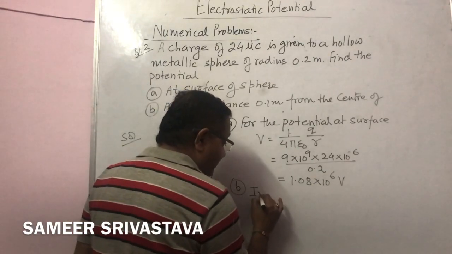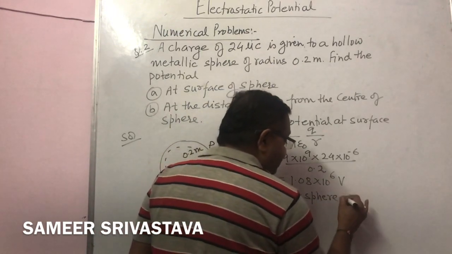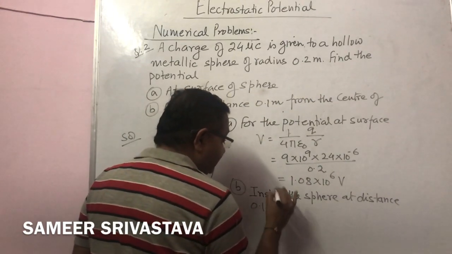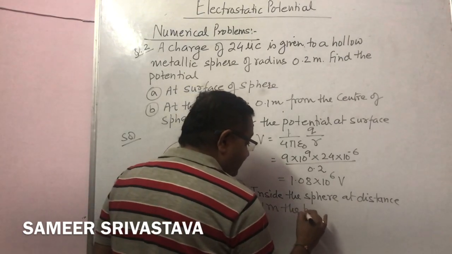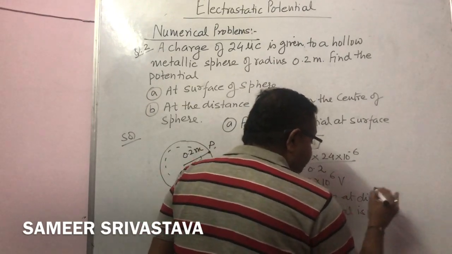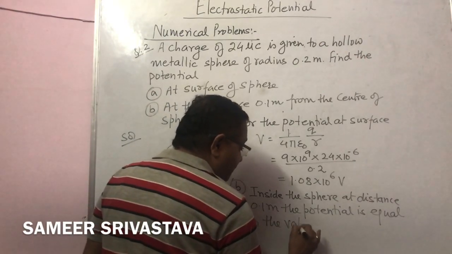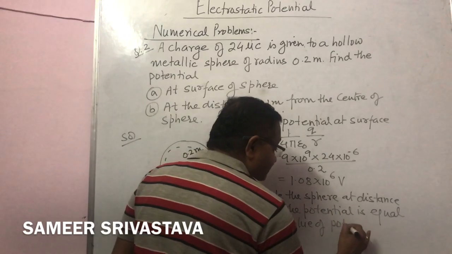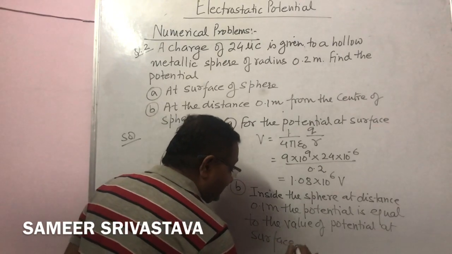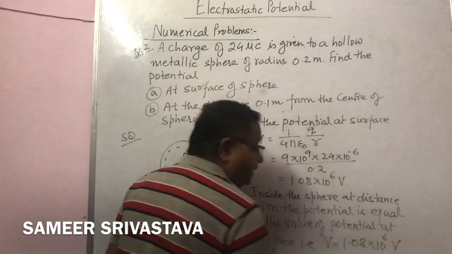So inside the sphere at distance 0.1 meter, the potential is equal to the value of potential at surface, right? That means V is equal to again 1.08 into 10 to the power 6 volt.